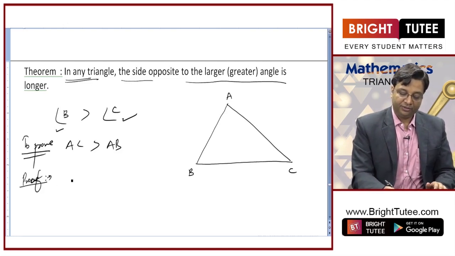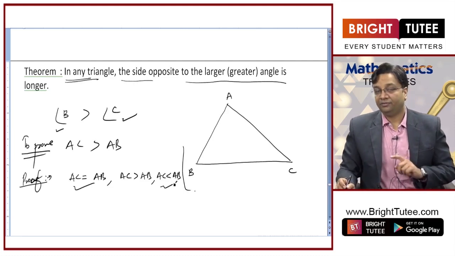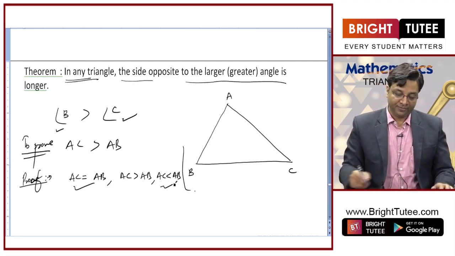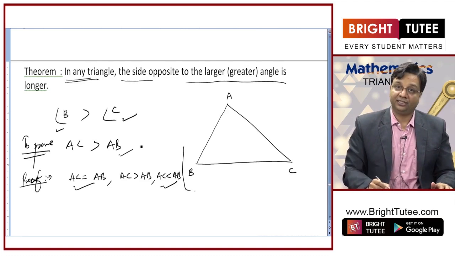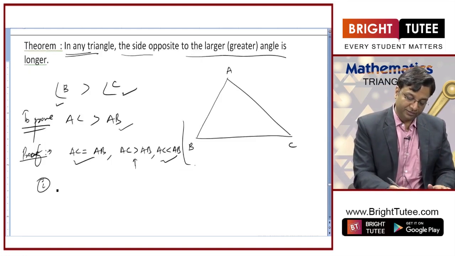There can be only three cases. Either AC will be equal to AB, AC can be greater than AB, or AC can be lesser than AB. Let us consider these two cases first, and we will prove by contradiction that AC is greater than AB. So let us consider the first case, AC equals AB.